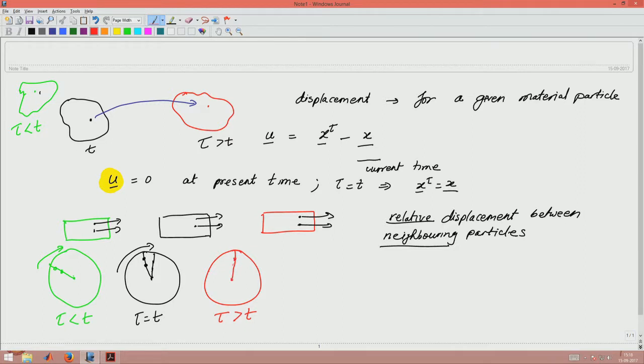And so, given that this disc is rotating to the right, this set of 2 points is moving, and now if you see, the relative displacement of the 2 points is different, because the further away from the center you are, the more the point moves. So, let us say on the same graph, I draw the green curve and the black curve, which is at the present time, and the red curve.